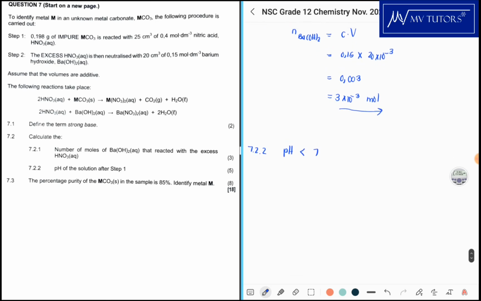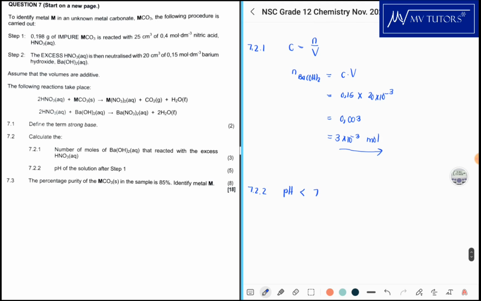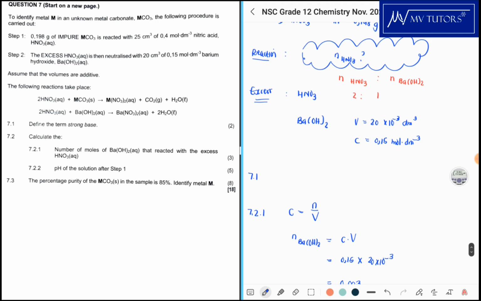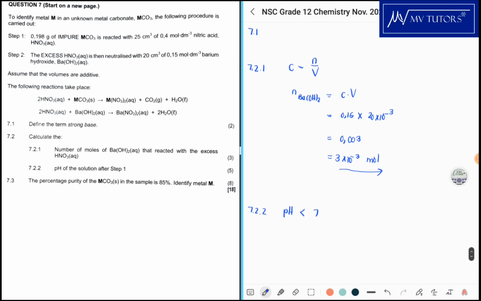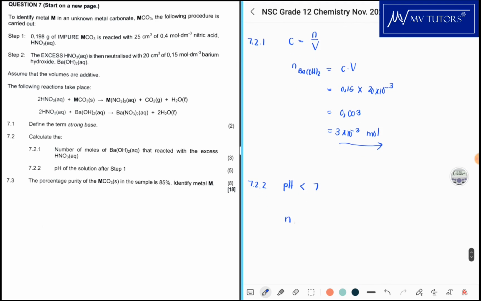In this case, I know that the number of moles for barium hydroxide is 3 times 10 to the negative 3. And remember, I have this relationship here: for 1 mole of barium hydroxide, I have 2 mole of nitric acid. So the number of mole for nitric acid that reacted is 2 times the 3 times 10 to the negative 3, which is 6 times 10 to the power negative 3 mole.